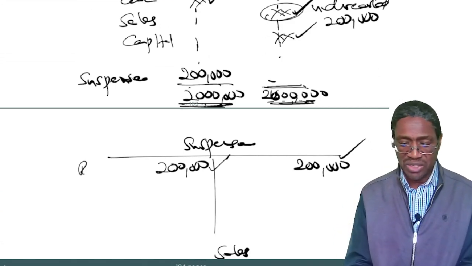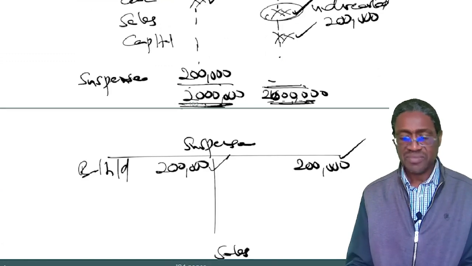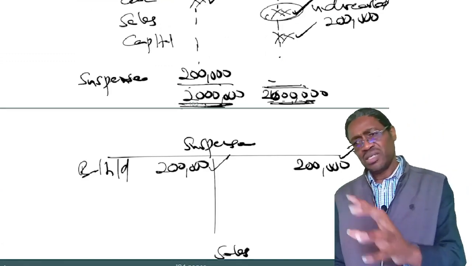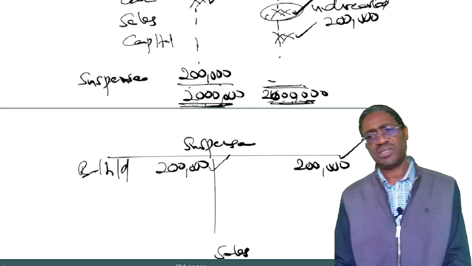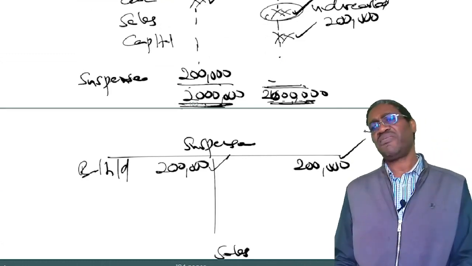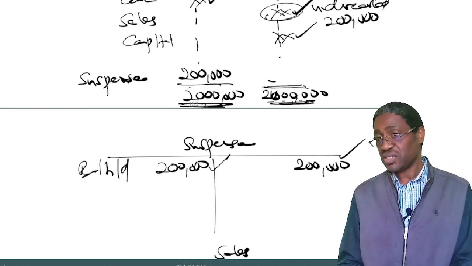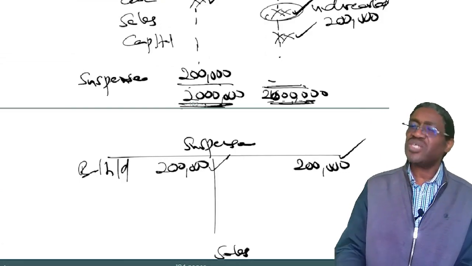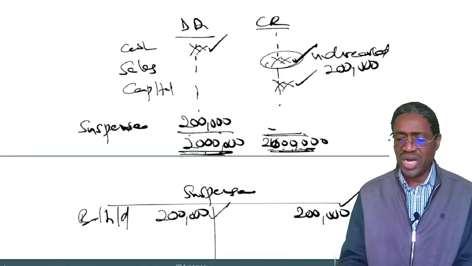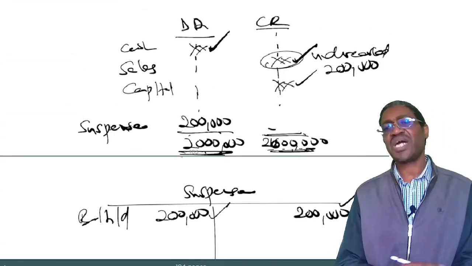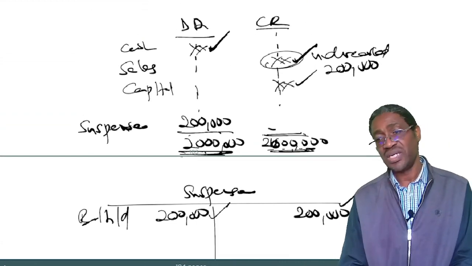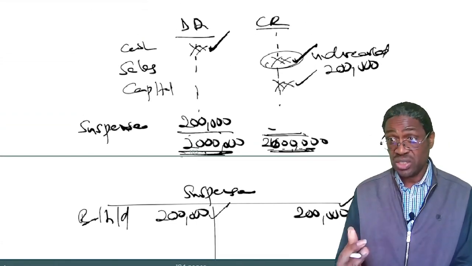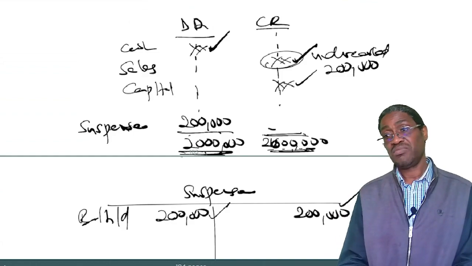Meaning it has a balance brought down on the debit here. Later, you discovered that your cash was undercasted by 200.